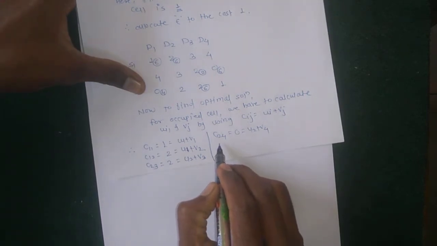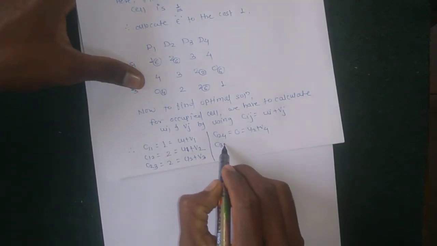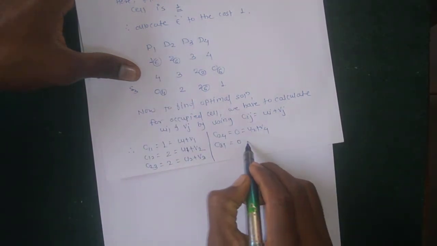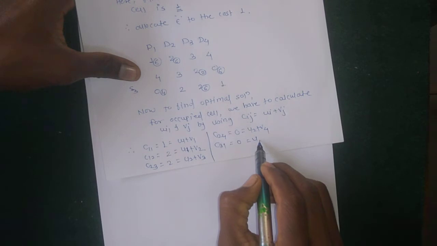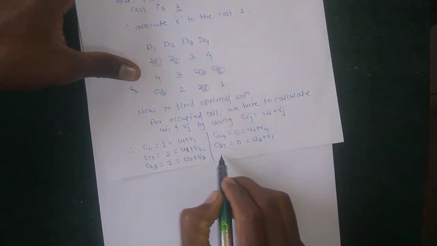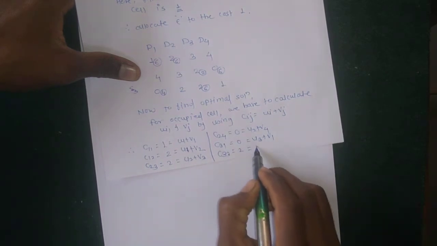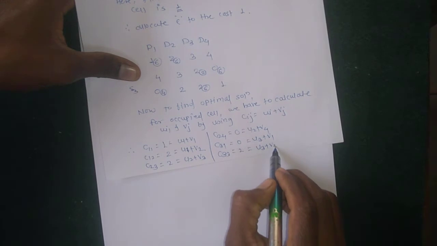Then C31, third row first column, its value is 0, equal to u3 plus v1, and then last is C33, its value is 2, equal to u3 plus v3.